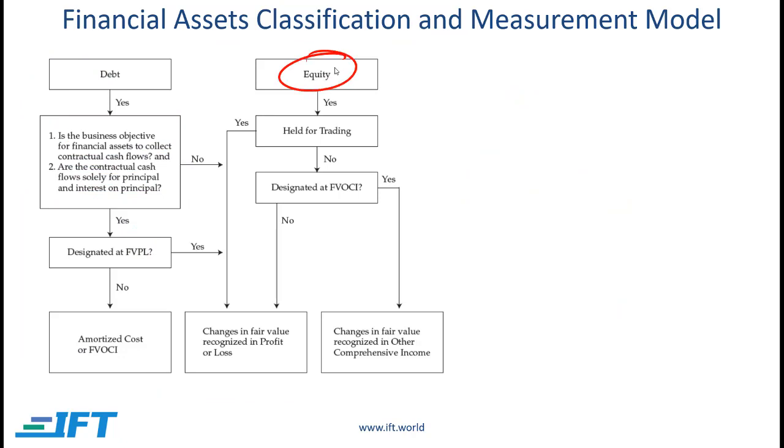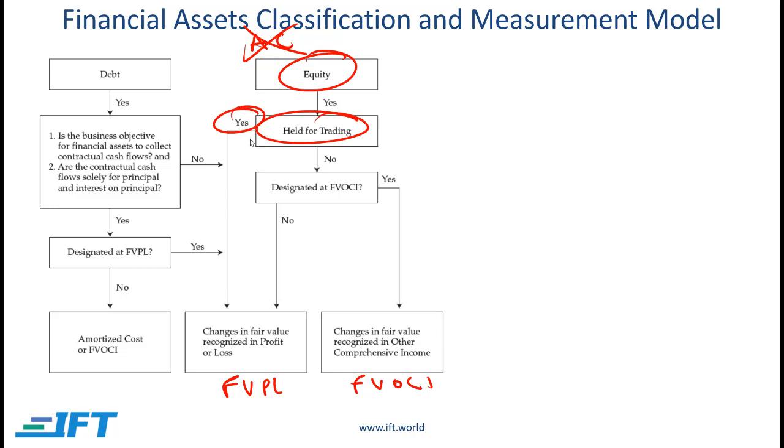Moving now to equity instruments. With equity instruments, amortized cost is not an option. So our only two categories are fair value through profit or loss, and the other one is fair value through other comprehensive income. So the first question is whether the equity instrument is held for trading or not.